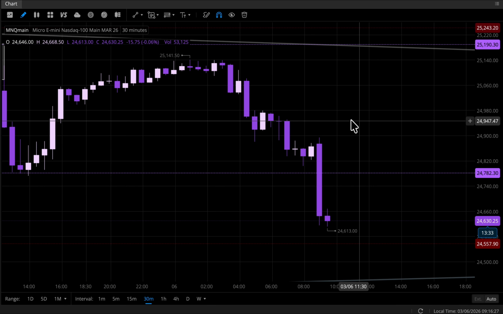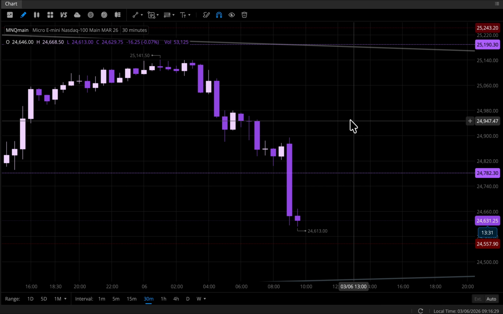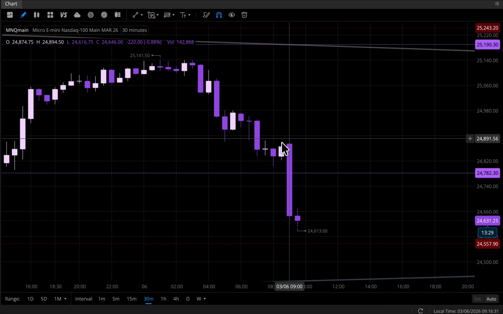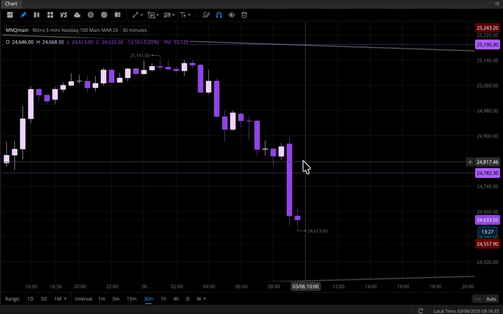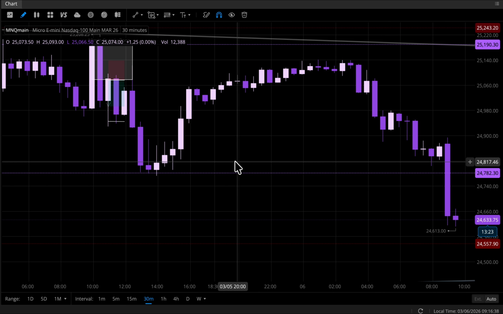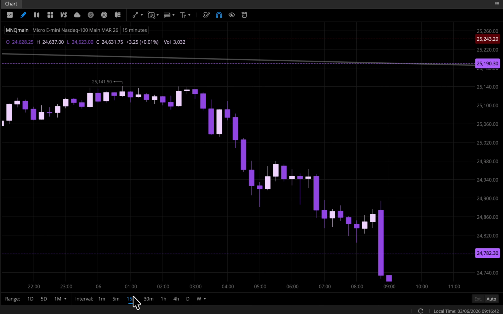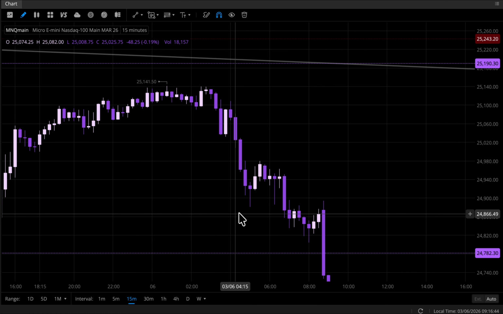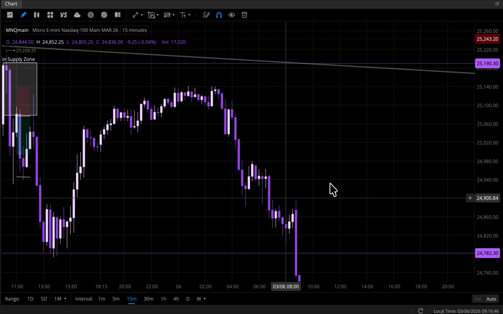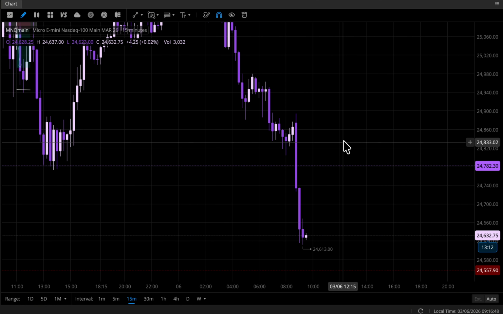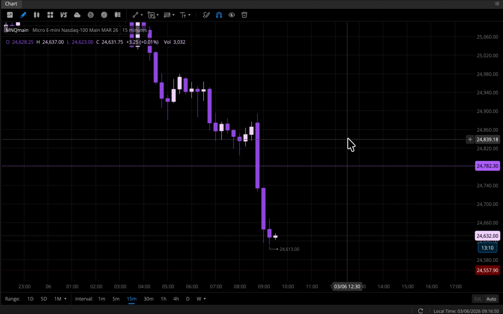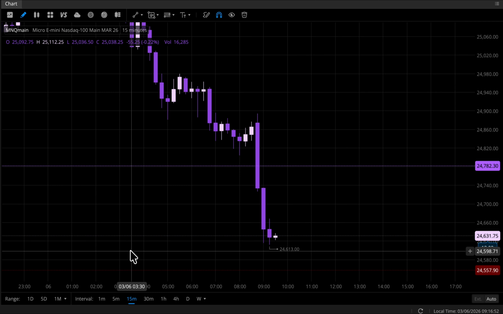Yep, price still going down. The zone is right here that it hasn't come back and tapped yet. Let me see how it looks on the 15. Yeah, so the zone has not been tapped on the 15.